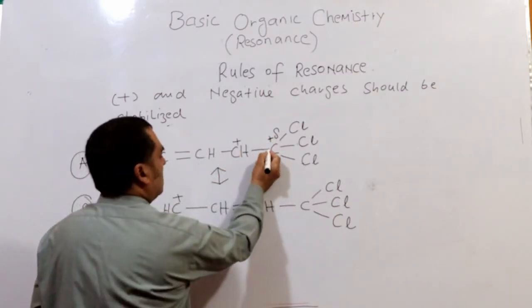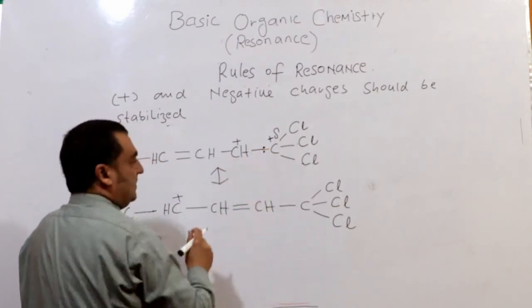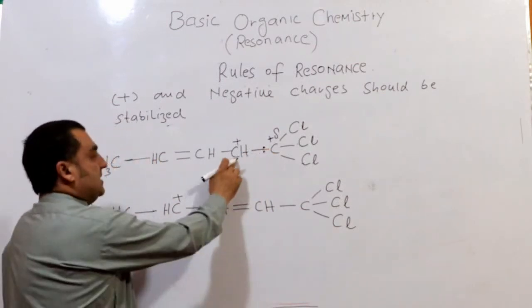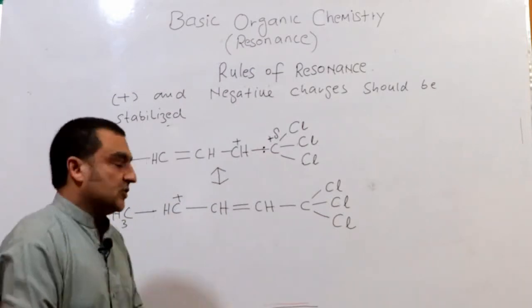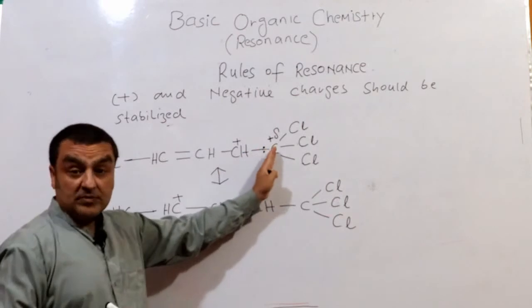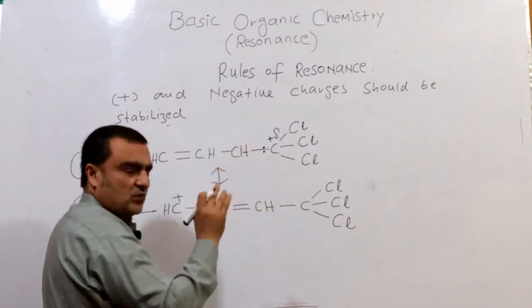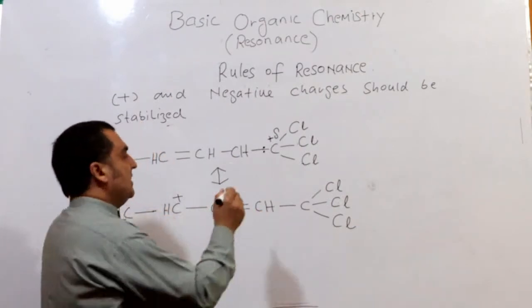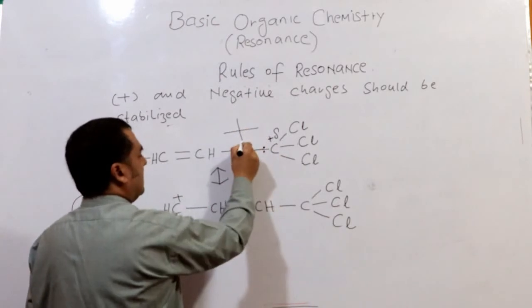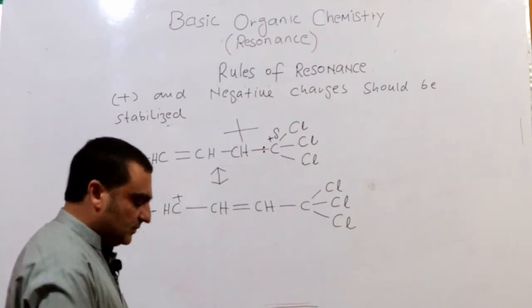So the electrons of this bond are not right in the middle, they are very near to it. A positive charge is unstable because it needs electrons. If you pull the bonding electrons away from it, it will need electrons very much. I am writing it in an exaggerated form. It is not real, but you will understand. Now this positive charge becomes very big. Still it is one, but it becomes very unstable.